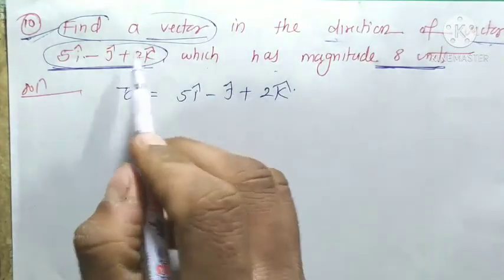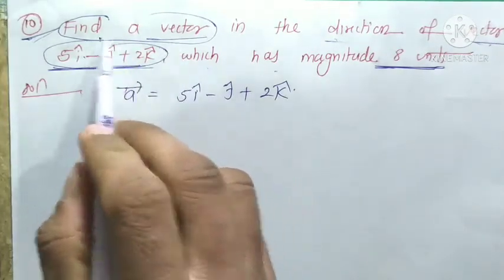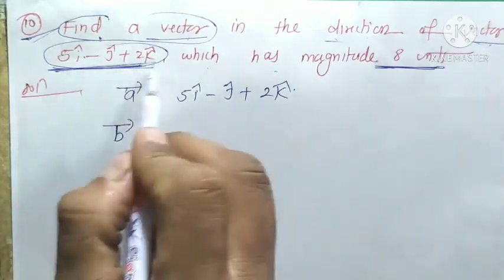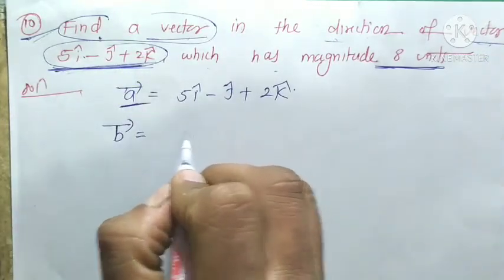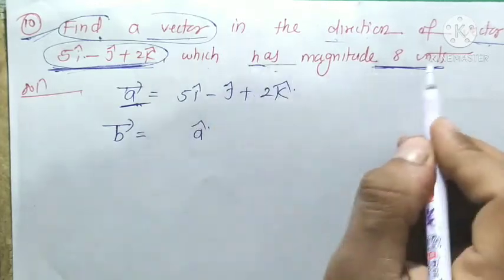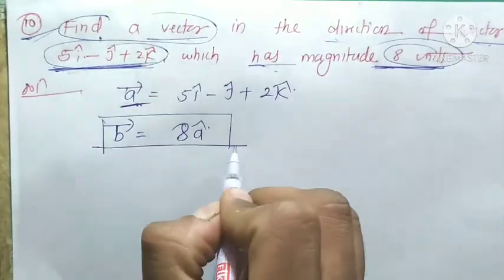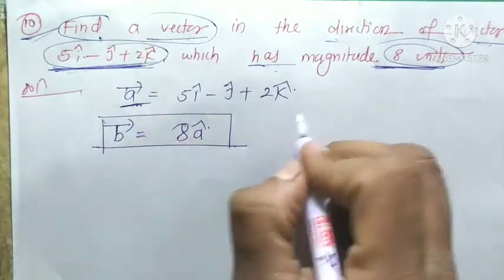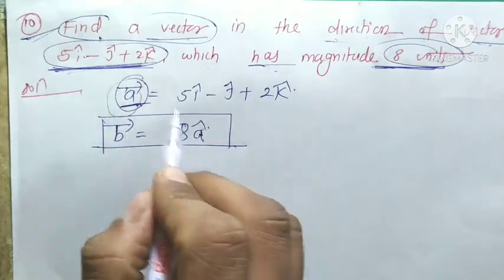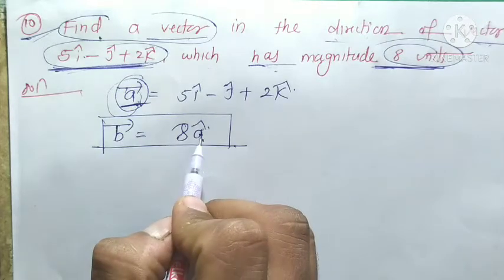So we have to find another vector b, whose direction is along this vector a, I mean a cap, and whose magnitude value is 8 units. a cap represents here the unit vector of this vector a, whose direction will be the same as that of vector a, but magnitude value 1.